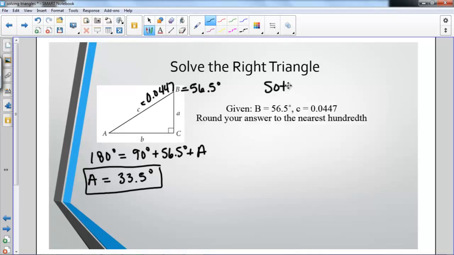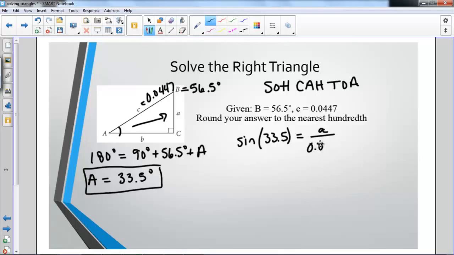If we have SOHCAHTOA, I'm going to use angle A, which we just found, 33.5 degrees. So I can have the sine of 33.5 degrees equals opposite, which is a, over my hypotenuse, 0.0447.